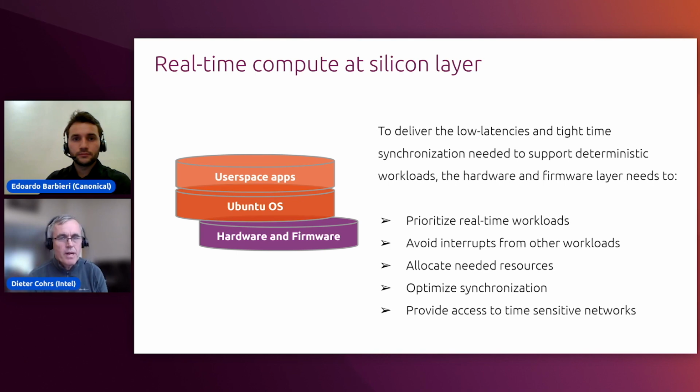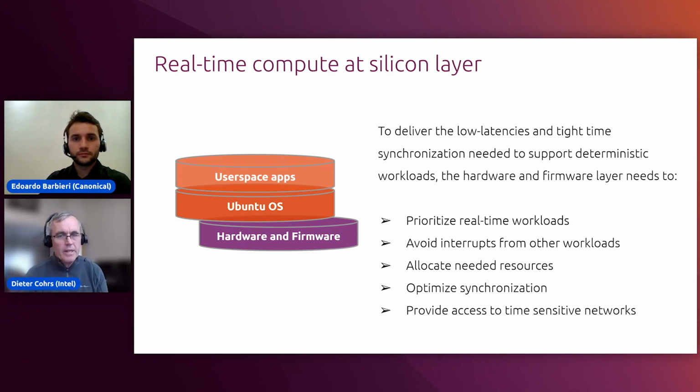What that means in the hardware and firmware layer: you need to prioritize the real-time workloads as they get processed on the silicon. You need to make sure that there are no interrupts from other workloads on that same silicon. You need to make sure that you allocate the right resources for that real-time workload and that the synchronization, even within the SoC, between different elements of the SoC is guaranteed.